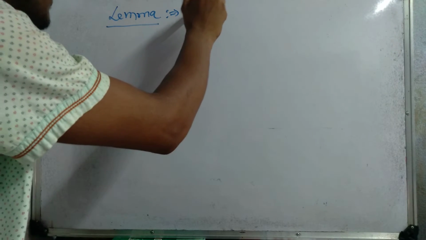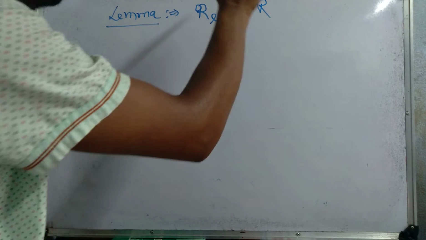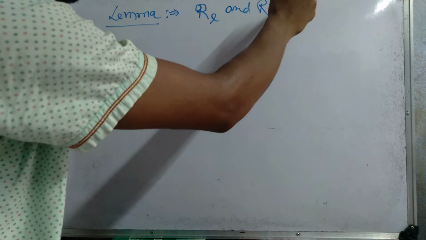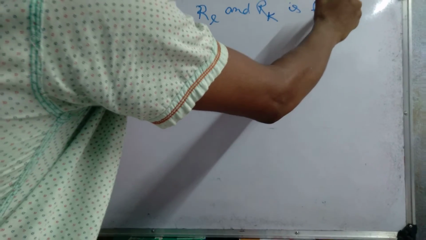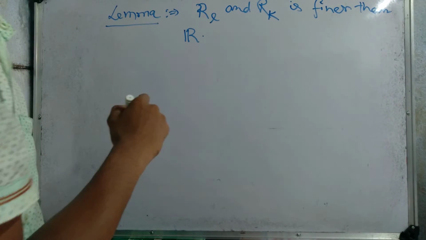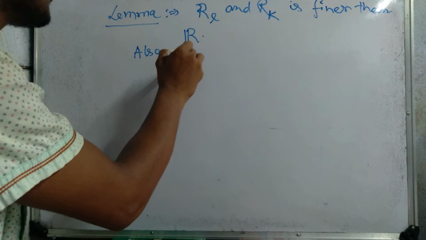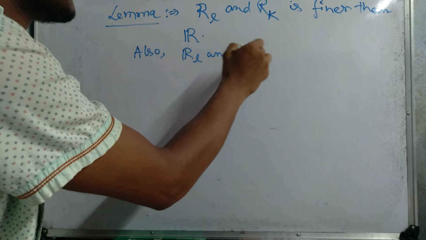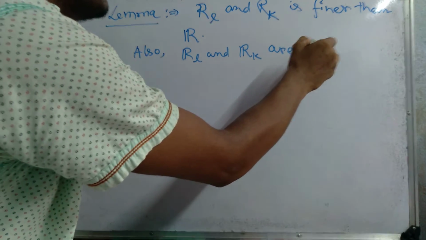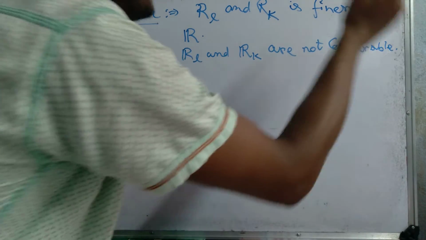This lemma says that the lower limit topology and the K topology are finer than the standard topology. Also, the lower limit topology and the K topology are not comparable. This one is a simple lemma.